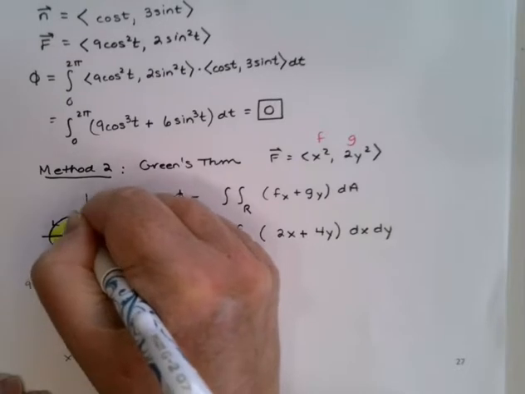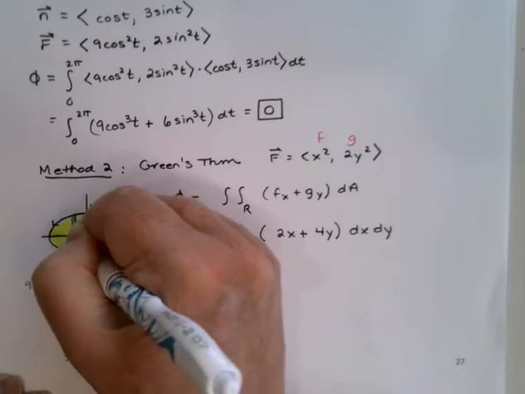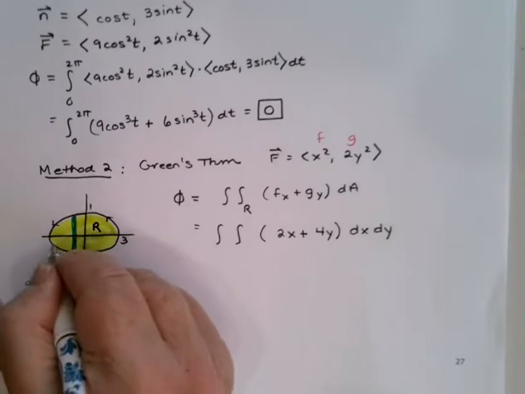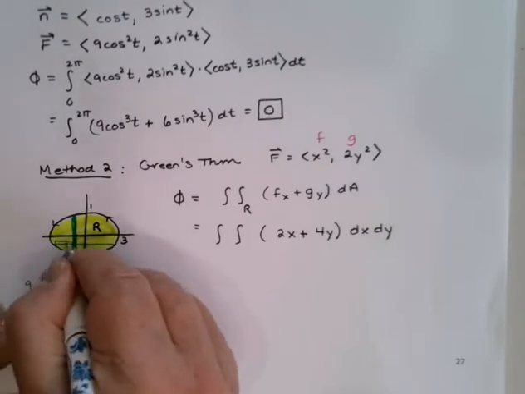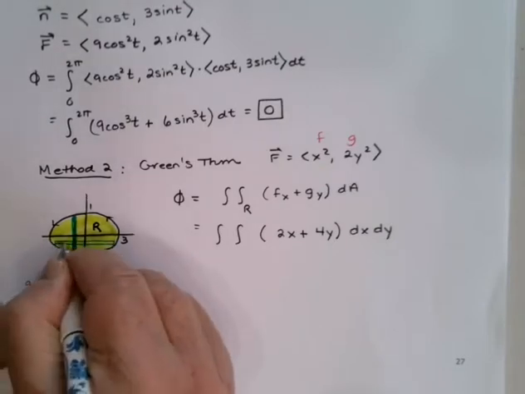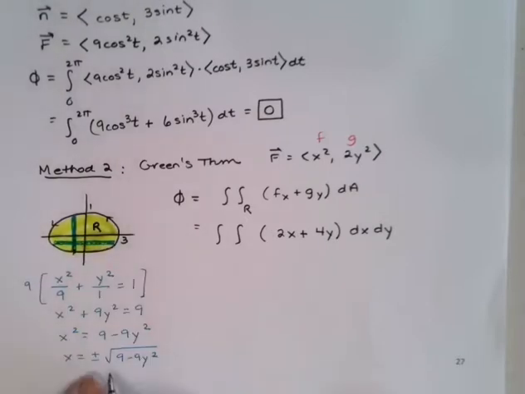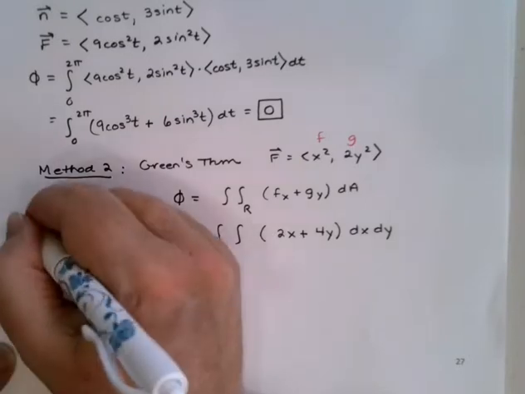So when I think about my vertical, oops, I just said I was going to do x first and I went and drew a vertical rectangle. That wasn't right. Ignore that vertical rectangle. If we're doing x first, we have to do a horizontal rectangle. And the x on the left side would be the negative square root.